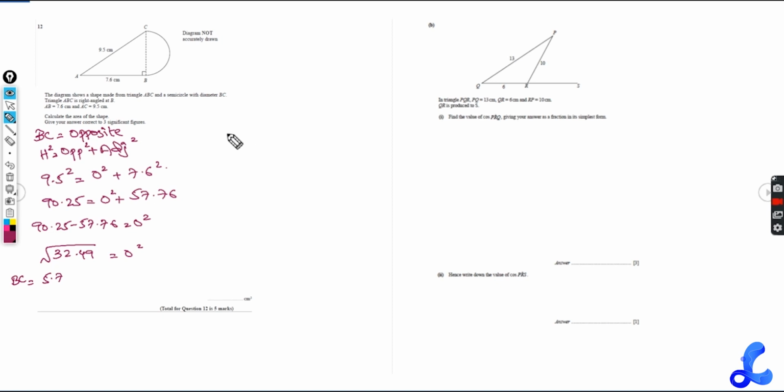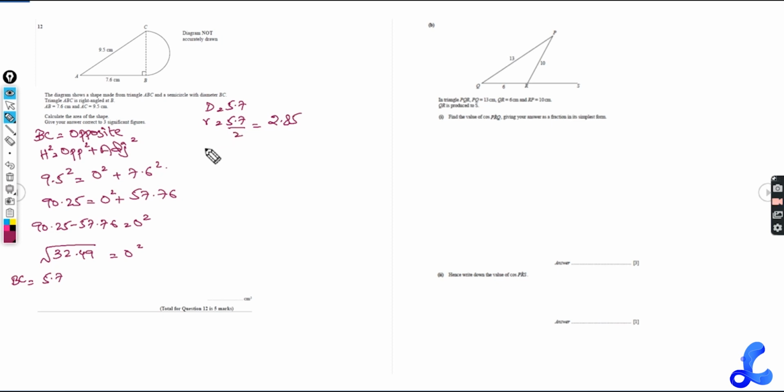In order to find the radius, diameter equals 5.7, so radius equals 5.7 divided by 2. Radius is always half the diameter. So the answer that we will get over here is 2.85. So 2.85 is our radius, and we do need to find the radius in order to find the area of a semicircle.